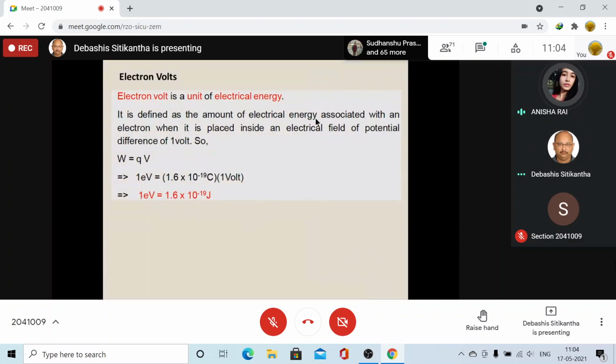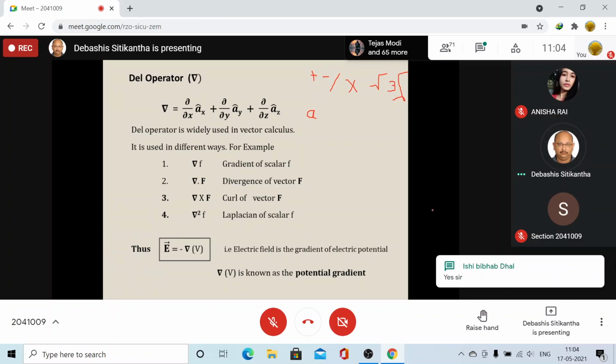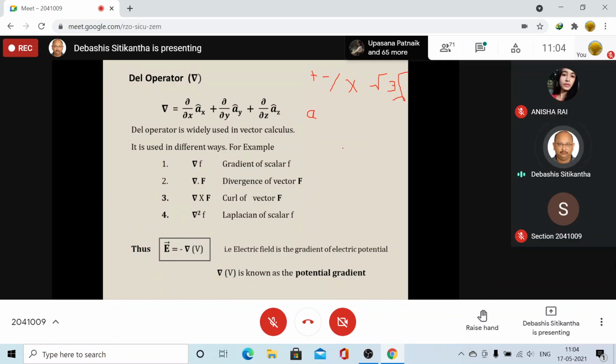No, sir. Up to del operator, I guess. Okay, fine. So let us do one thing. Let us repeat this superficially, so that those who haven't understood this will gain from this class. I will take 5 to 10 minutes to complete this one. Then we will move on to the other portions and discuss some questions.